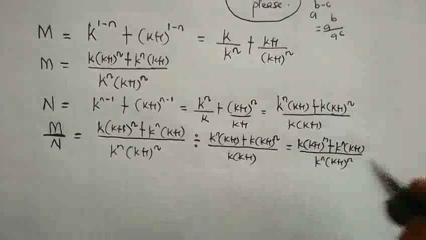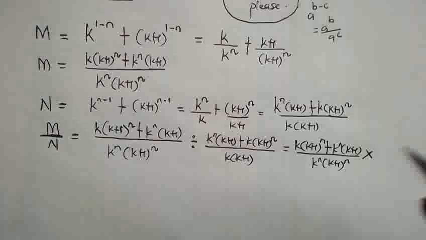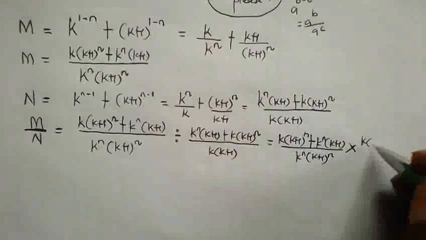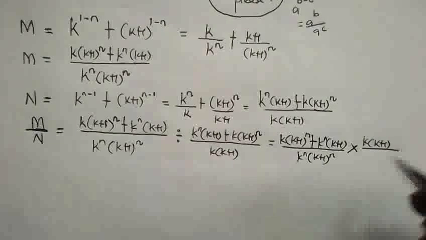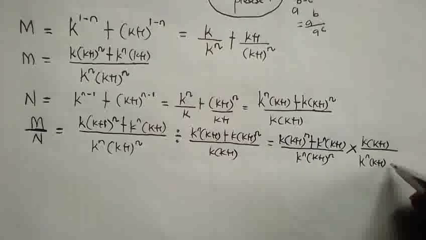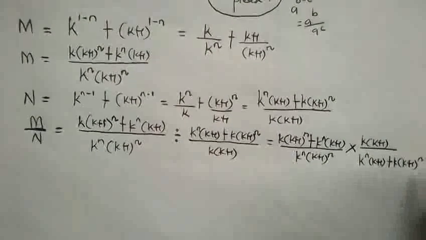Then if I should change these two times, I'm going to take the reciprocal of this fraction here, right? So we are going to have just K(K+1) all over K^n (K+1)^n... plus K(K+1)^n.